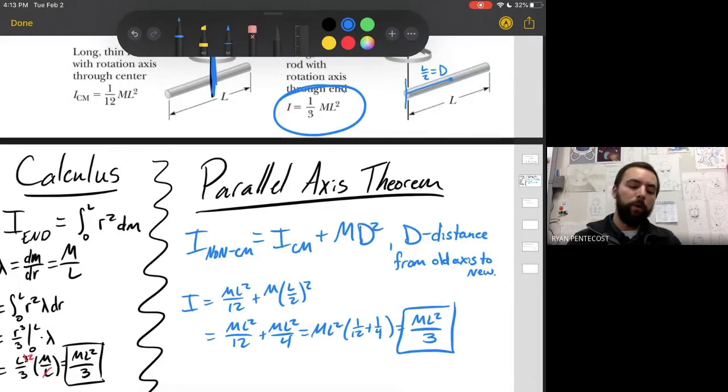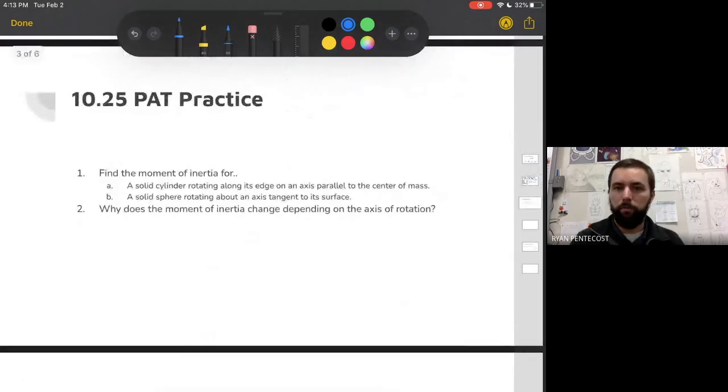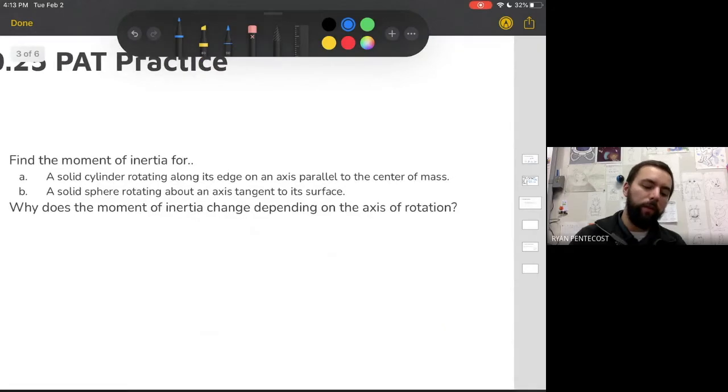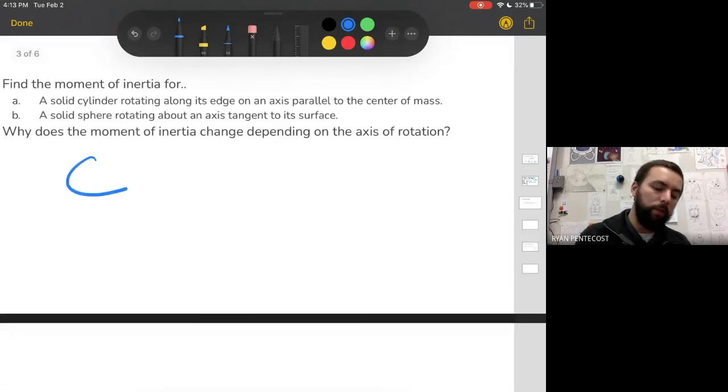Now, that algebra, you may feel like that's a little bit more complicated than the calculus, but trust me, when we get to three-dimensional objects, parallel axis theorem is much better than your calculus. For example, we have a solid cylinder rotating about its edge on an axis parallel to the center of mass. So let's draw a cylinder, okay?